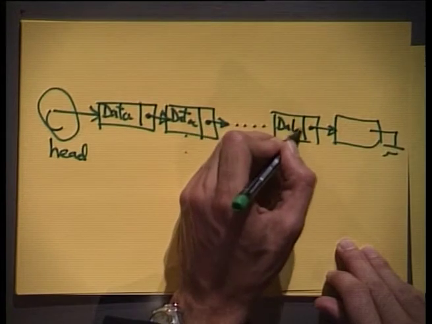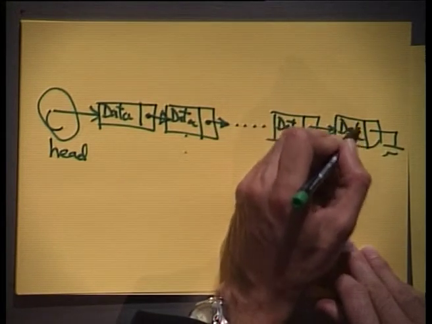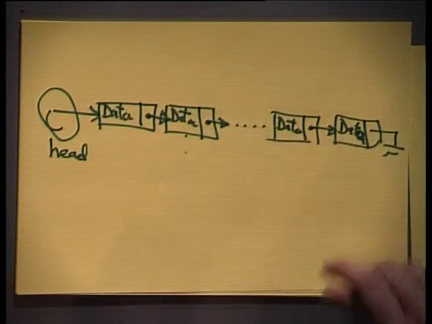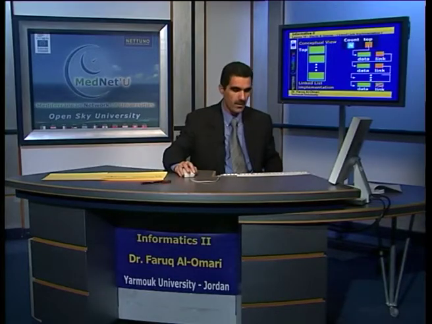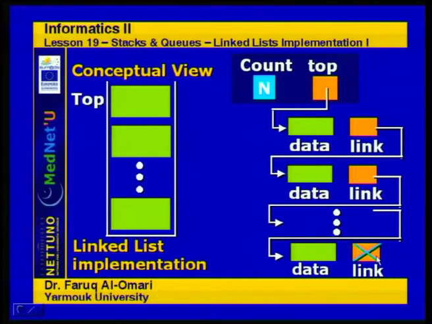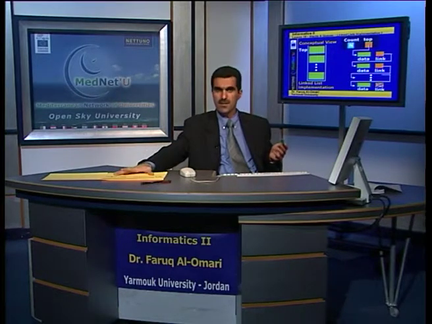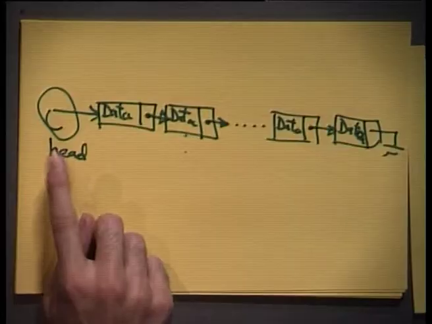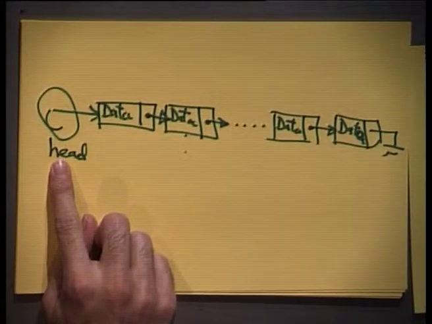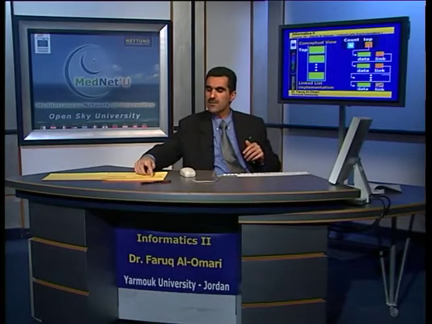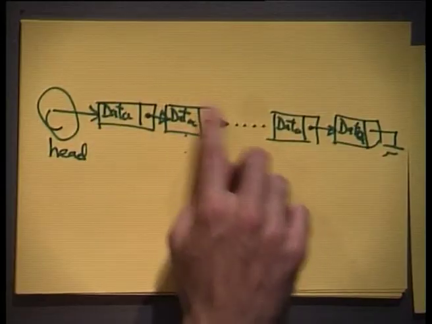Data and pointer, and the pointer in the last node at the end of the stack is pointing to null, indicating that there are no more entries in the list. So it's pretty much the same, an exact linked list. We're talking about two basic structures here: one which defines the stack as a whole, and another structure defining each node in the stack.